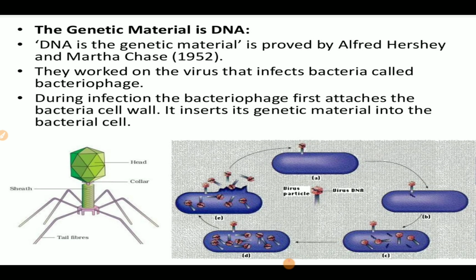The basis of why the transduction experiment was done. The transduction experiment was done by Alfred Hershey and Martha Chase in 1952 to prove that the DNA is the genetic material.